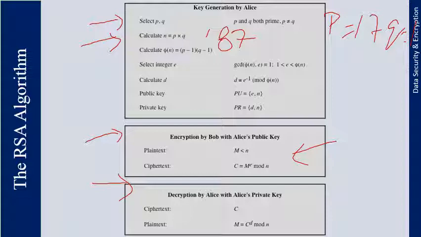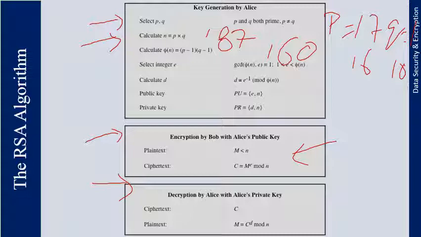If you recall, you can calculate the totient of n by multiplying p minus 1 into q minus 1. In this case, p minus 1 will be 16 and q minus 1 will be 10. So the totient of n will be equal to 160.